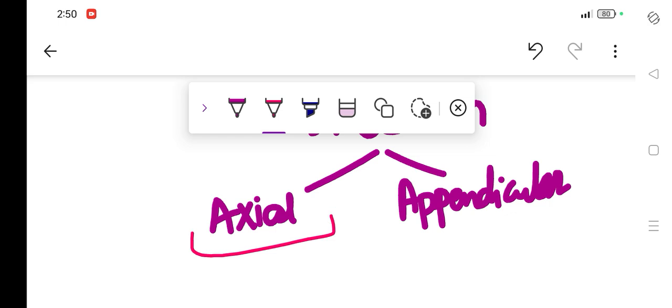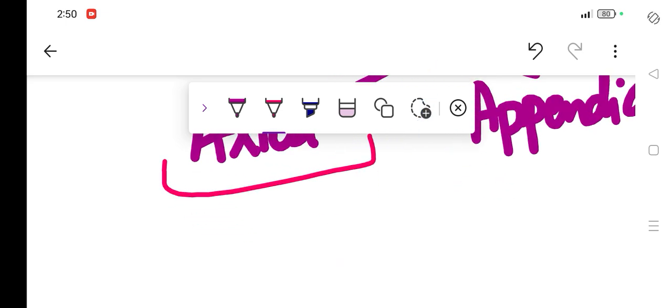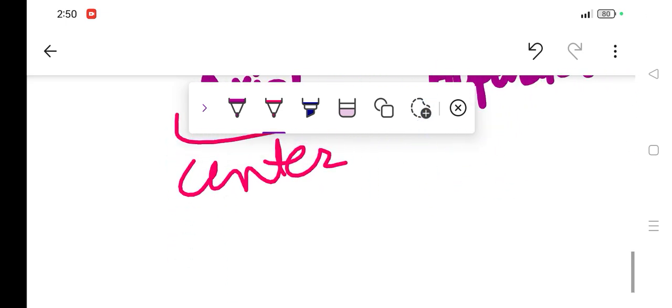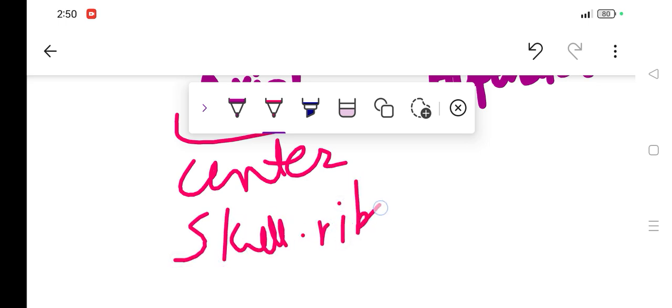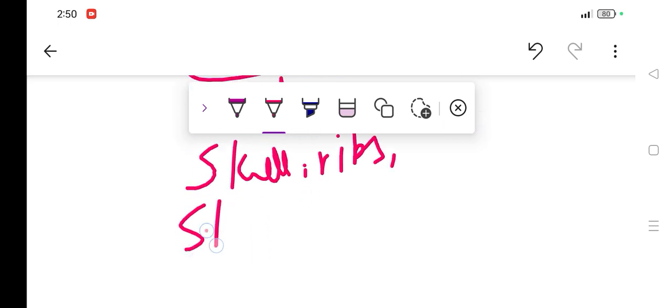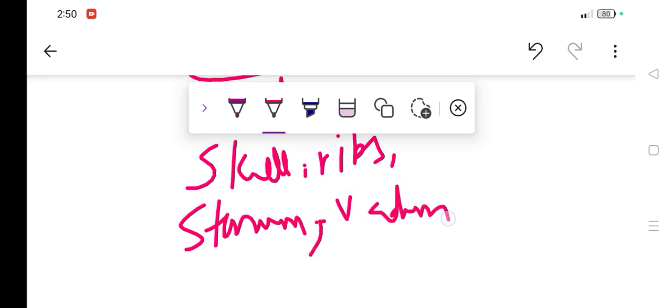Axial means all the central structure, such as the sternum, ribs, skull, and vertebral column. All these come in the axial.